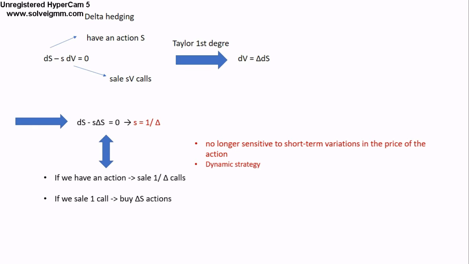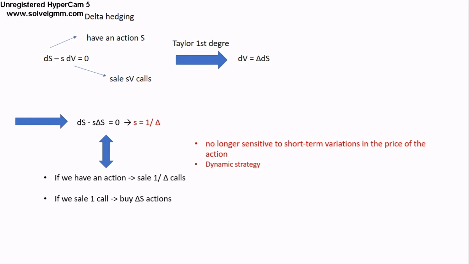And this is a dynamic strategy, because the delta moves all the time, and we want all the time a delta equal to 0. So we have to move, buy and sell, to have a delta equal to 0.